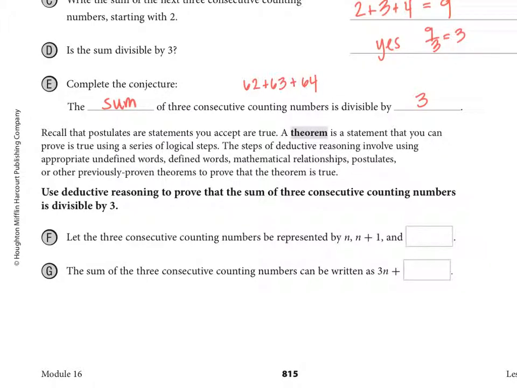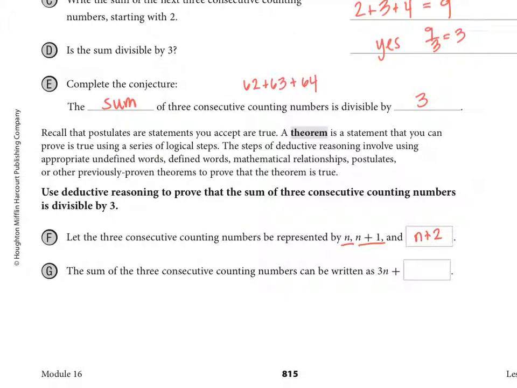So we're going to take our conjecture from part E, and we're going to use deductive reasoning. So we're going to go a little more abstract here using algebra. In part F, we're going to let the three consecutive counting numbers be represented by n. So n will be the first one. The second one will be n plus 1. Then think about what the third one would be. n plus 2.